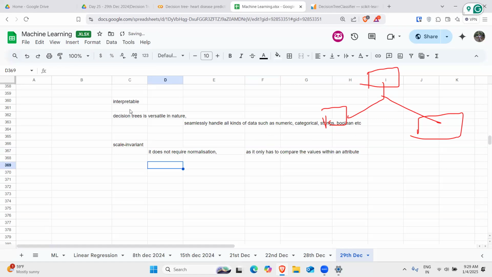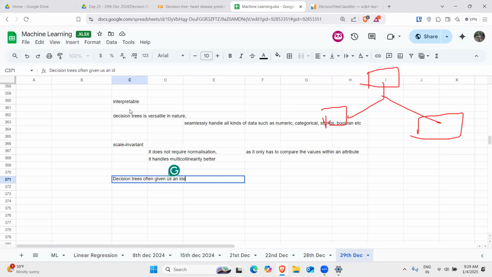The next point is that it handles multicollinearity. What is multicollinearity, guys? What do you mean by multicollinearity? Come on, I told you to discuss. You have to turn your mic on and discuss.